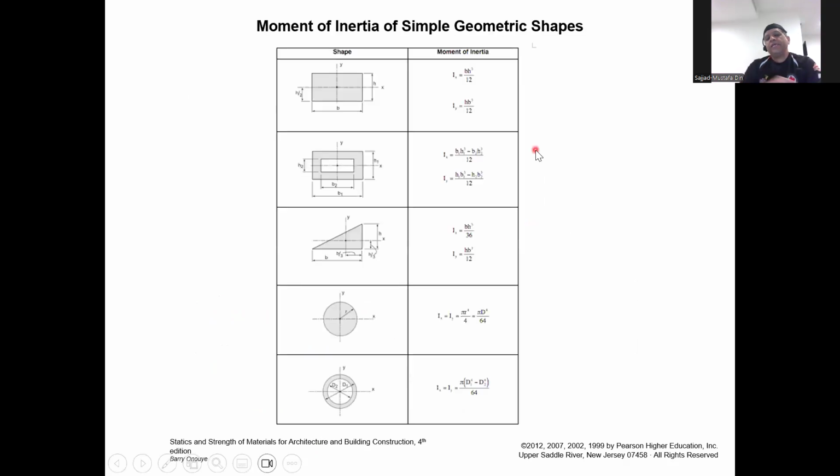This is where you see all the typical formulas that you can use to calculate the moment of inertia for different shapes. So I'll give you a few moments to take a look. I'll pause myself. Just take a look at these formulas. You might want to have access to these formulas while you're solving some of the problems.